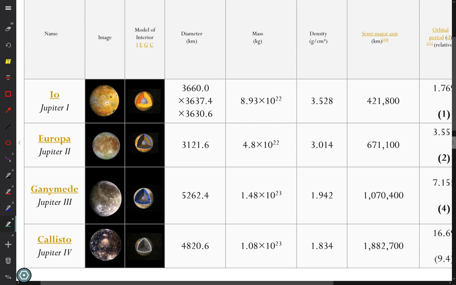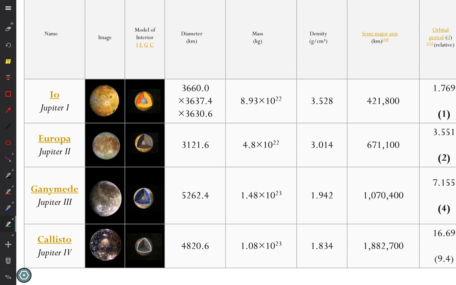For Io, it's around 3,600 kilometers in diameter, and the Earth is almost 6,300 and some kilometers in radius. And so the Earth is about 4 times, roughly speaking, the diameter of Io, just to give you a ballpark.